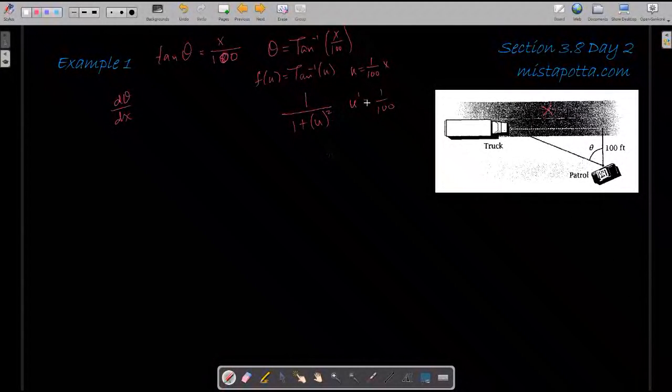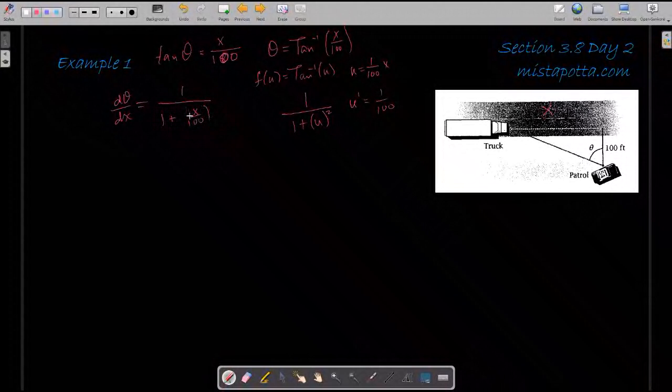In this case, u is this function we just talked about. So d theta dx ends up being 1 over 1 plus (x over 100) squared times 1/100th.